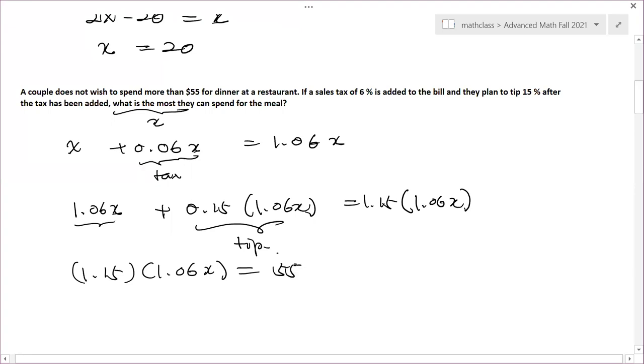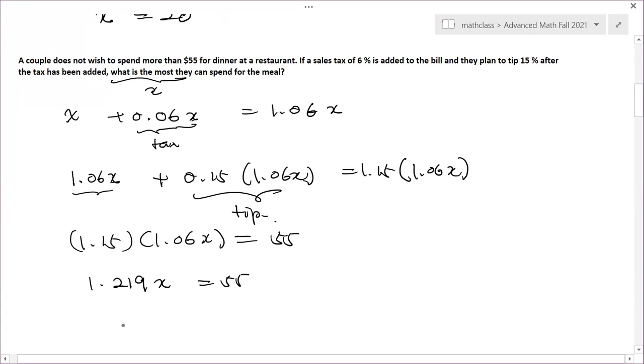Okay, then let's solve for X. You know how to solve for X, right? So let's multiply this out. 1.15 times 1.06 is going to be 1.219, so 1.219 times X equals 55.